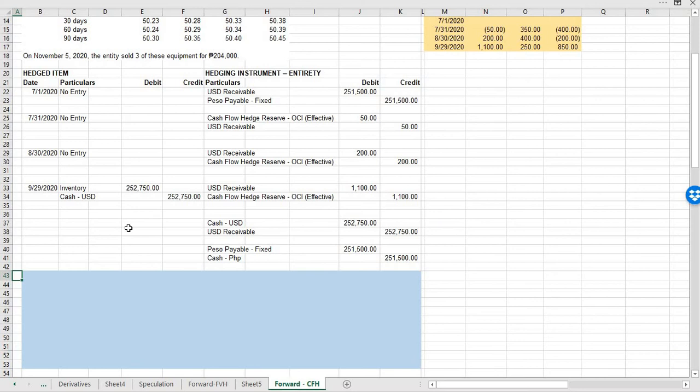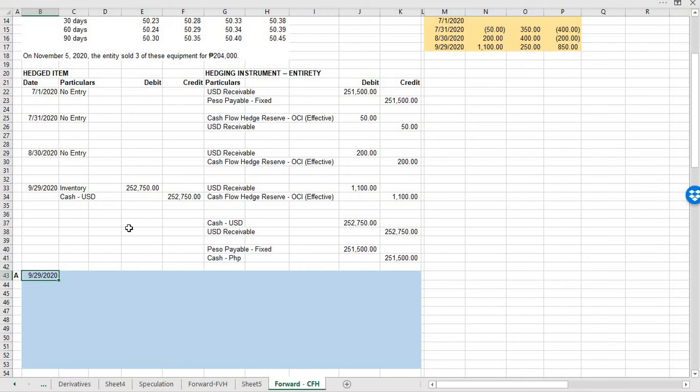So, ngayon, unahin muna natin yung first option which is yung adjustment sa initial cost. So, syempre, mangyayari yon right after ng ating settlement. Pwede natin gawin yon on the date of settlement which is September 29, 2020. Hindi natin kailangang antayin na magkaroon ng effect yung hedge item sa profit or loss.